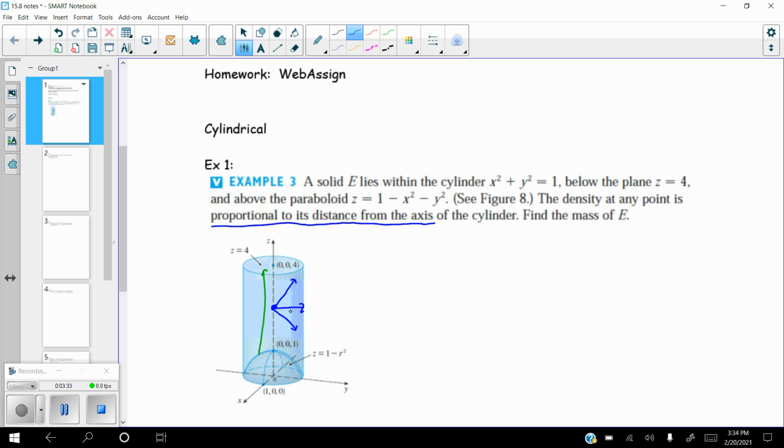So the distance here is the radius, and proportional means we have to have some kind of constant of proportionality. So what we're looking at here is that rho is k times r. The distance from the axis of the cylinder is the radius, and for the constant of proportionality we typically use k. So that's what your density function is.